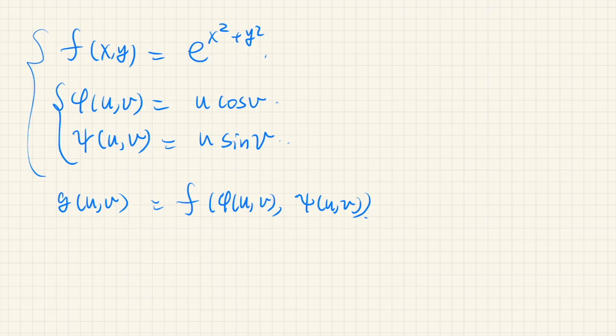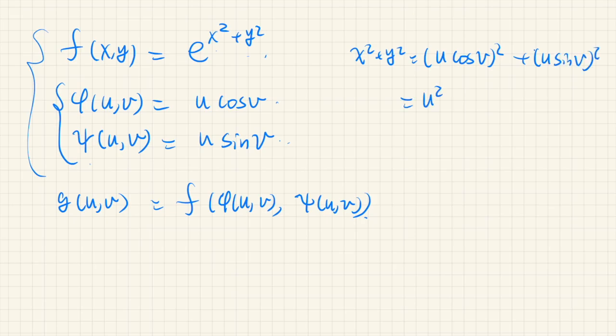Okay, so if we calculate x squared plus y squared, that is phi squared plus psi squared, so that is (u cos v) squared plus (u sin v) squared.